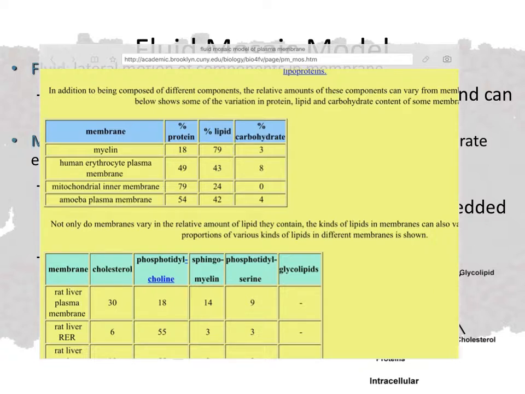What's an example of that with respect to recognition? Blood typing. And what was that called in the last chapter? A ganglioside, which is made of carbohydrates. So that's the blood type. This is one example of recognition.